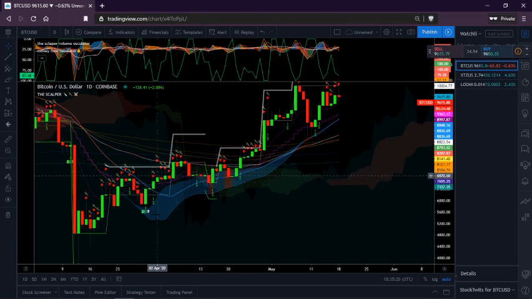And then this cloud here is, again, a wave function of two lines that coincide, and then when they cross, right? So that's the basis of how my chart indicator works.